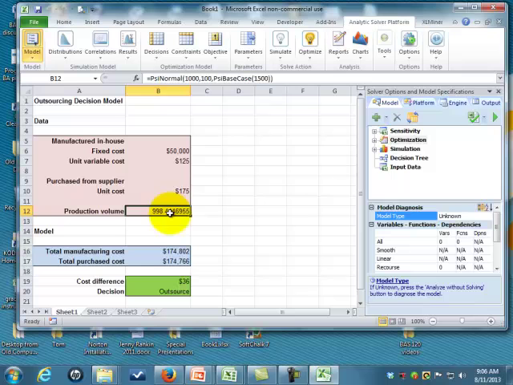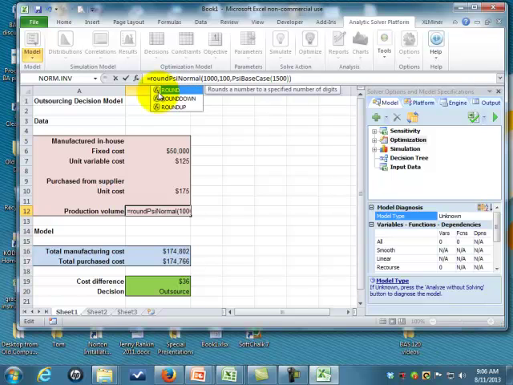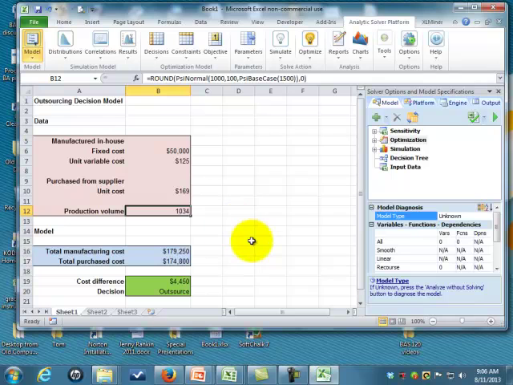Now, I can just put a round, put a parenthesis, and how many digits I want to round to is 0. And there, it rounds the production volume, because obviously you don't make fractions of a production unit.